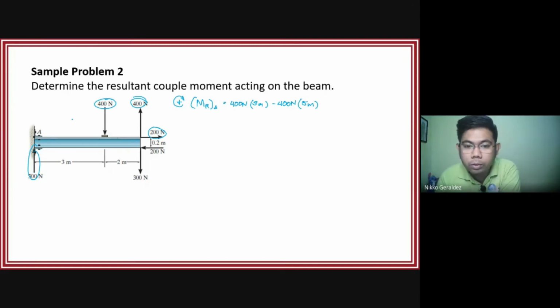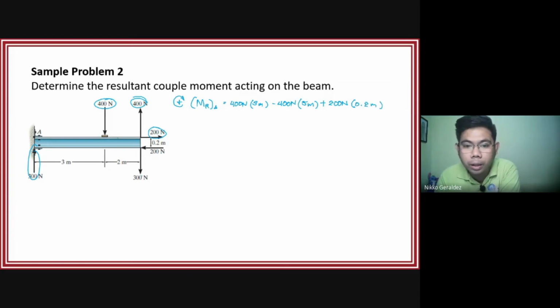Then, 200 Newton to the left, ang moment niya is positive, so plus 200 Newton times the perpendicular distance, which is 0.2 meter.